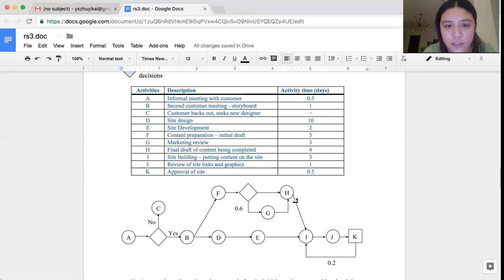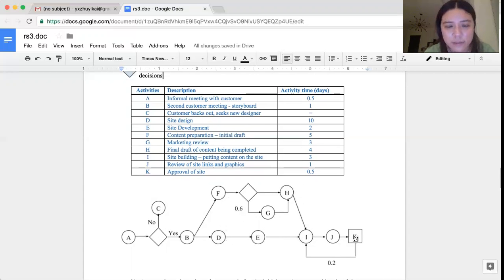After both the content part and the site part are completed, they start to build the site, putting content on the site, which is activity I. After that, we review the site links and graphics.